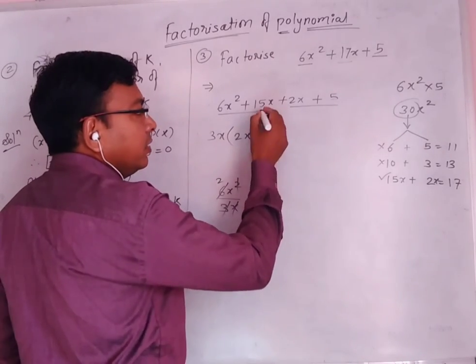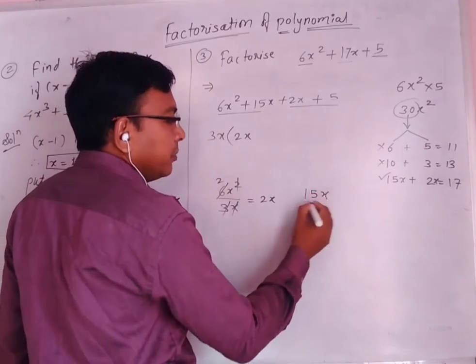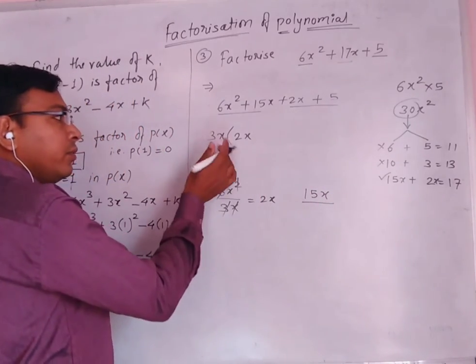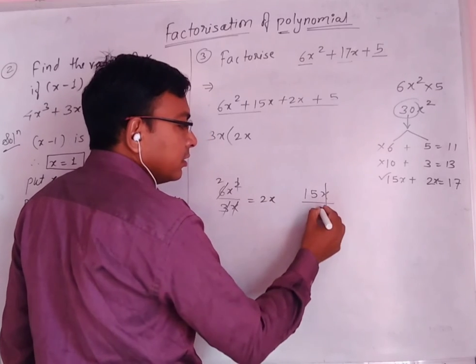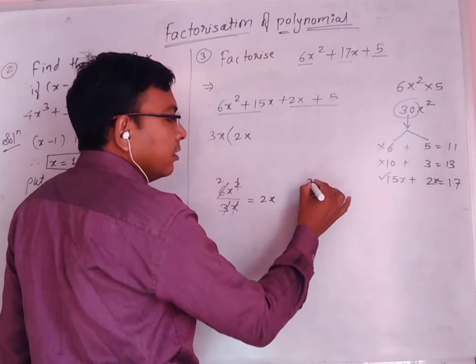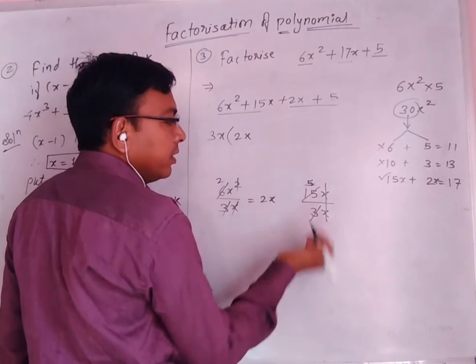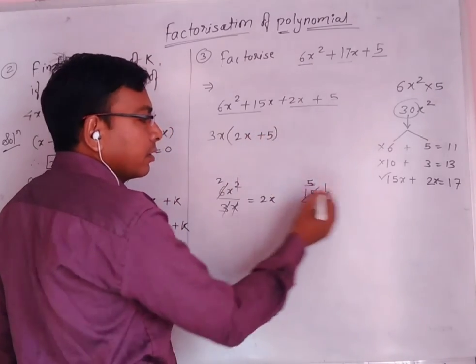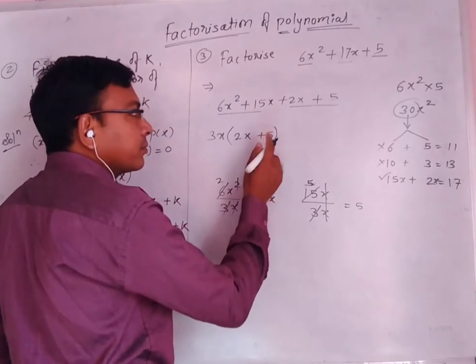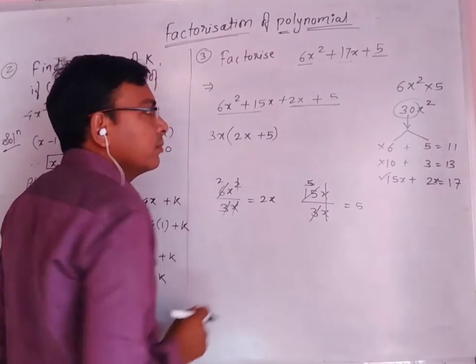Then the next term is 15x. Which number will we take common? 3x. So divide by 3x: x cancels, 3 fives are 15, so what remains is 5. Write this 5 here: 2x plus 5.